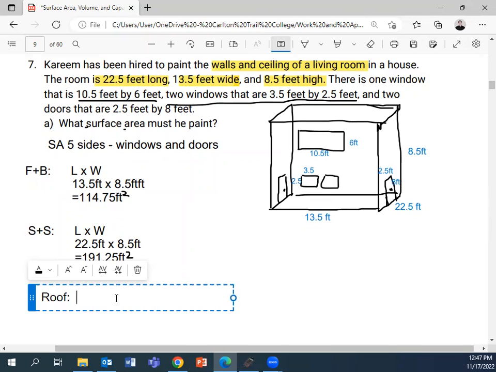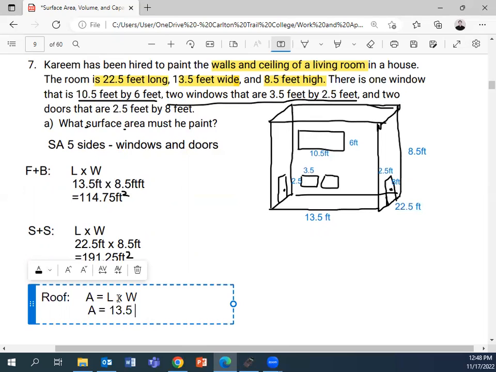That is a rectangle. So I can find that by going length. So the area of this is equal to, I should have been doing this the whole time, putting the A in there, length times width. So the area of this, what two numbers? Austin? What two numbers do I multiply to get the roof? 13.5 and 22.5.